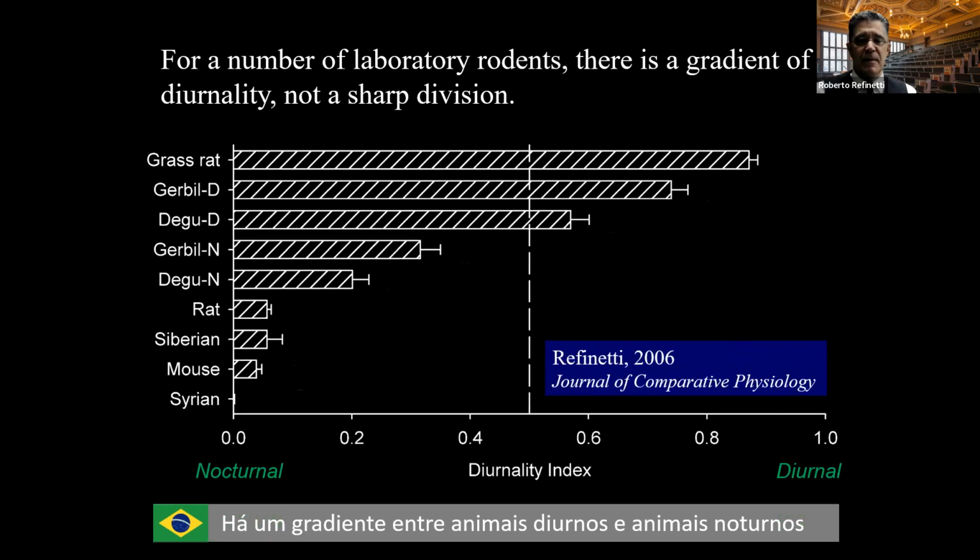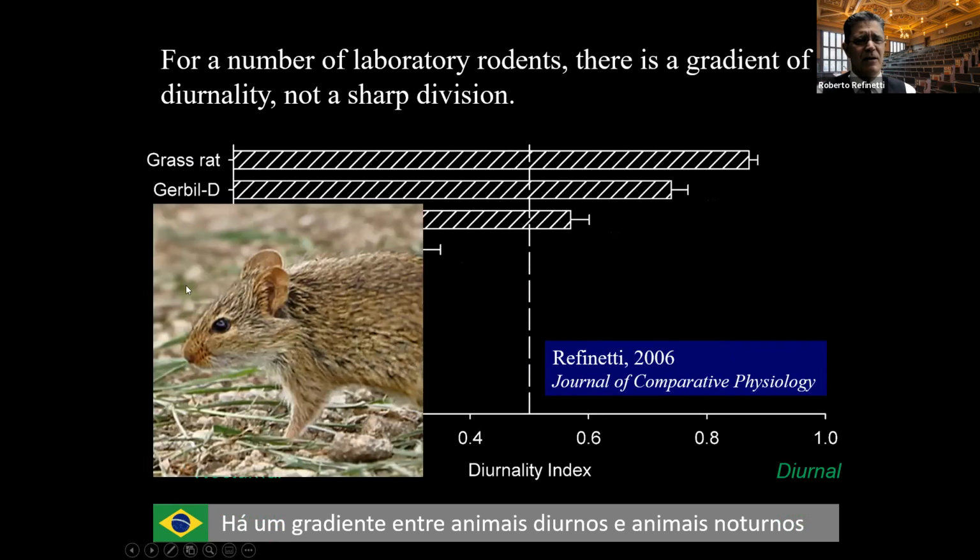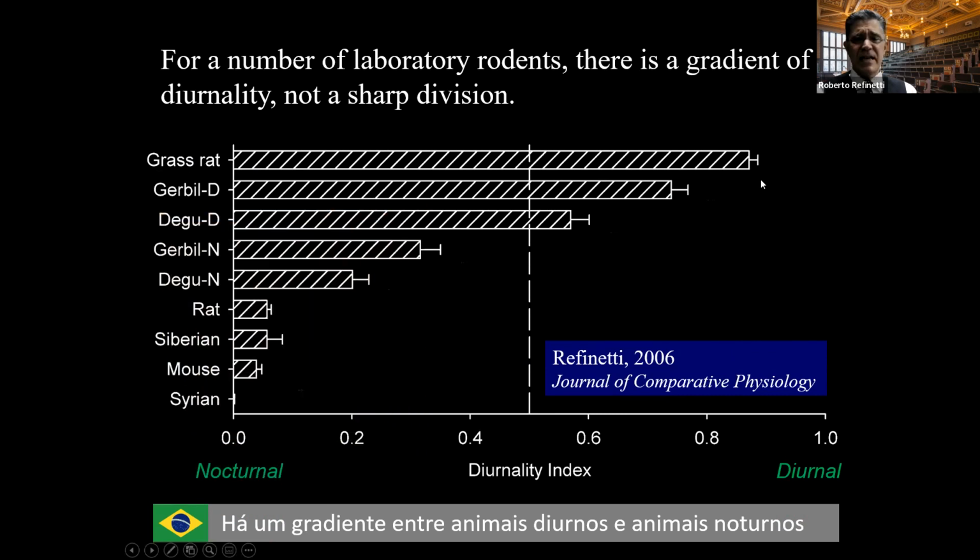This is a study published back in 2006 in the Journal of Comparative Physiology, showing some rodents, and I'll talk a little more about them later. At the very top here, we have the grass rat, the Nile grass rat, which is very much diurnal.